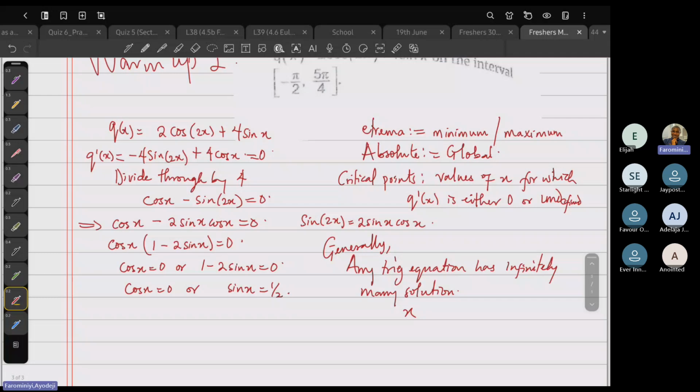And like I said, from secondary school, SS1, you already know that if cos x is equal to 0, x is equal to 90 degrees. Or in calculus, because we deal with radians, that is pi over 2. But of course, it is not just pi over 2, even negative pi over 2.